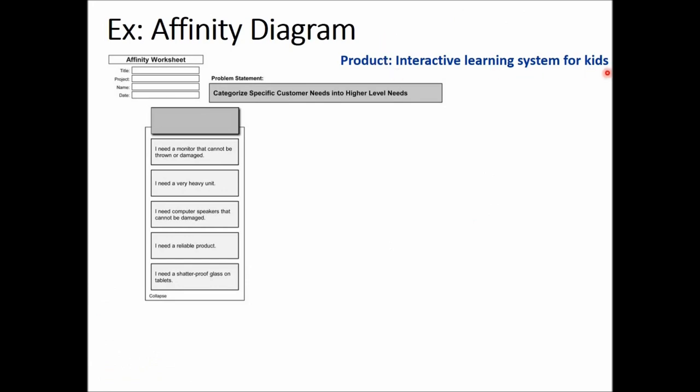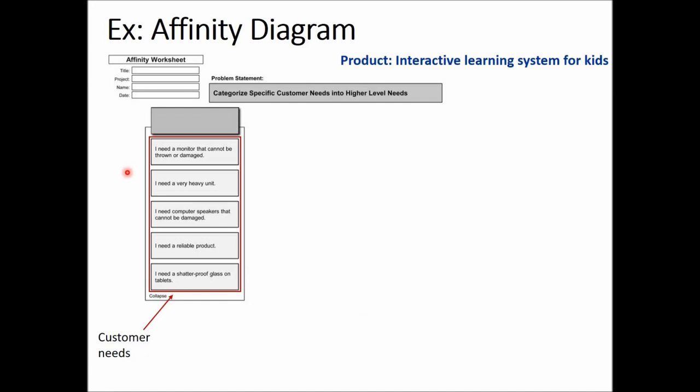Interactive learning system for kids, and this is a set of customer needs. You can see the customer needs. I need a monitor that cannot be thrown or damaged. This is for kids, so it has to be a heavy duty machine, otherwise it can be broken easily. I need a very heavy unit so that it cannot be moved here and there by the kids, and I need computer speakers that cannot be damaged.